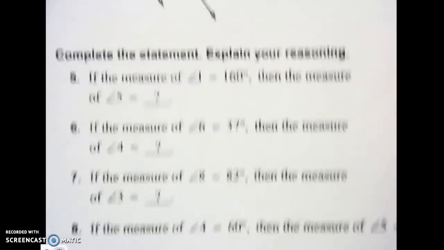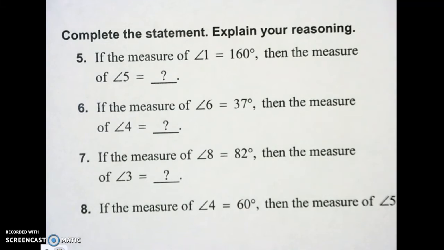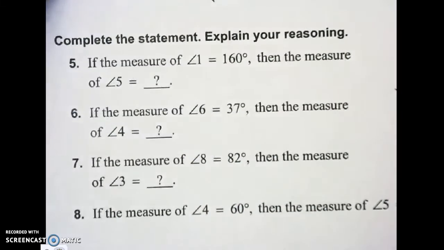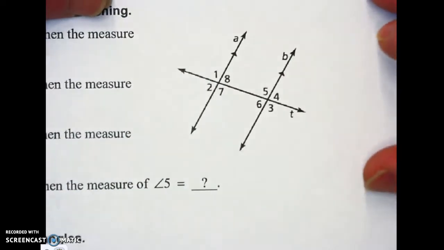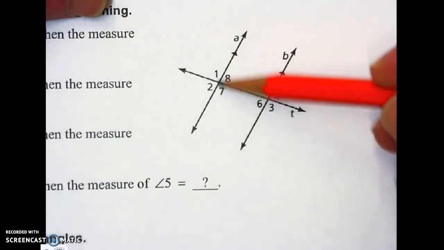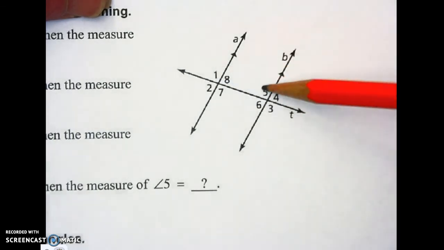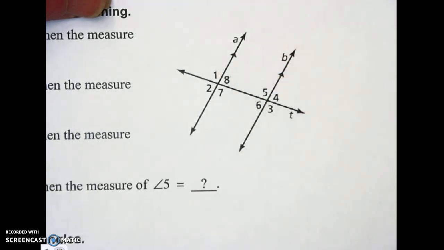In the bottom section right here, it is going to list something and ask you to find it and then say why. So maybe if you can remember the types of angles, I'll kind of walk you through the types of angles real quick. Remember, there's vertical angles. They're across from each other. There are corresponding angles, like 1 and 5, 8 and 4. Those are corresponding.